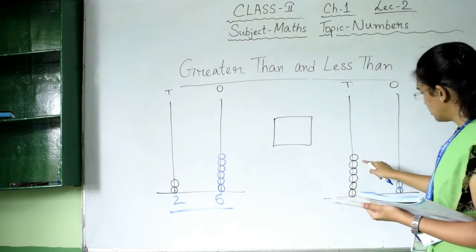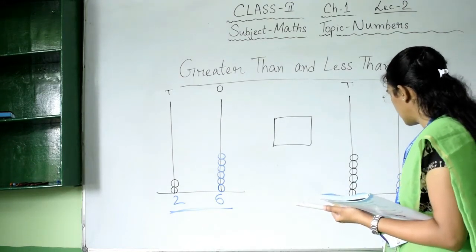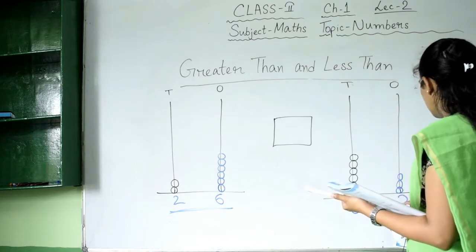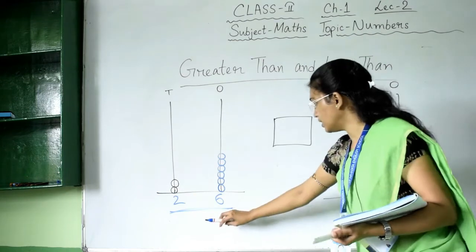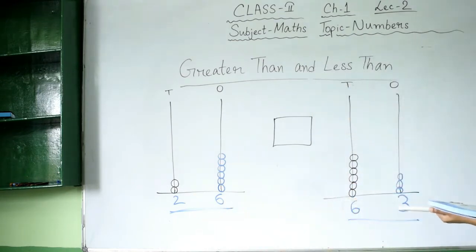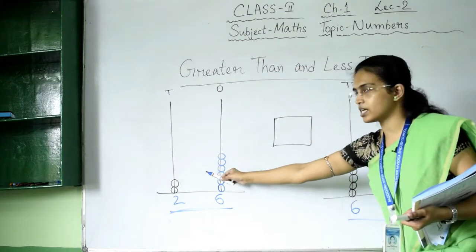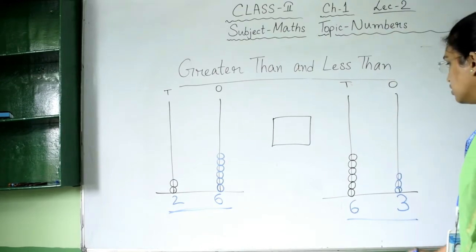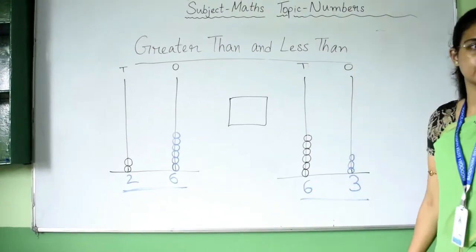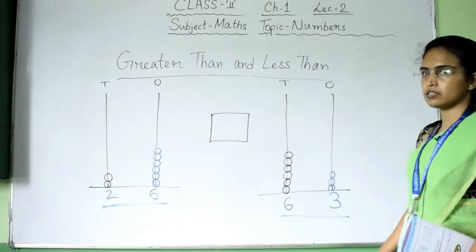That means we have 63. We have 26 in the left hand side and we have 63 in the right hand side. Now tell me which one is the biggest number, 26 or 63? Yes, 63 is the biggest number, right?